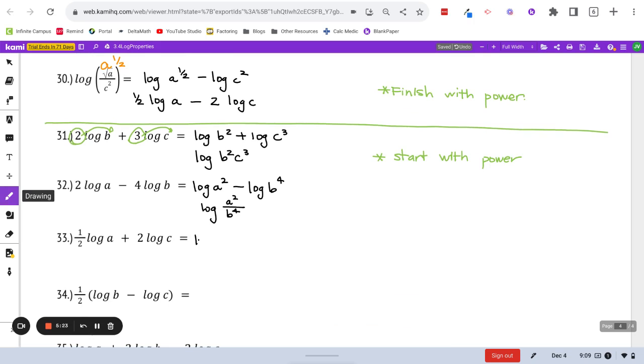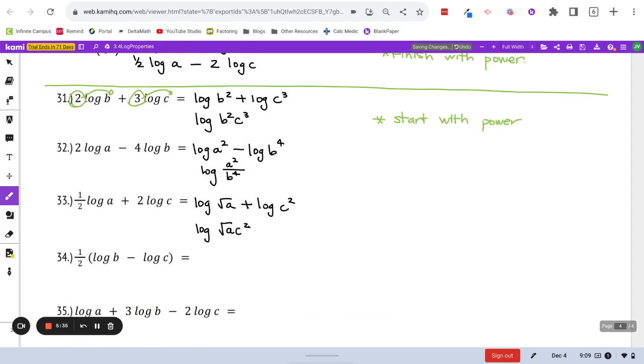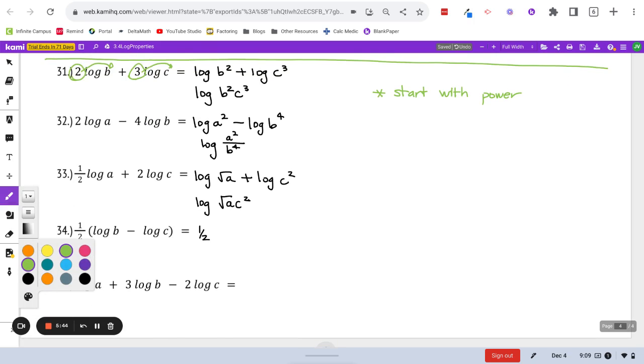Oh, another square root. Log square root of a plus log c squared, log root a c squared. Notice my square root stops before it gets to c. This one's kind of weird. We got to deal with the parentheses first. Normally I'd say start with the power, but we probably should say start with, whoops, my bad. Start with parentheses and then deal with your power.